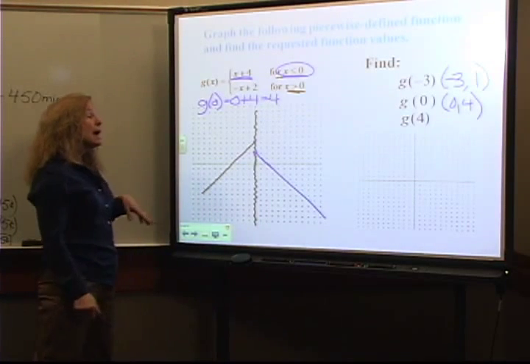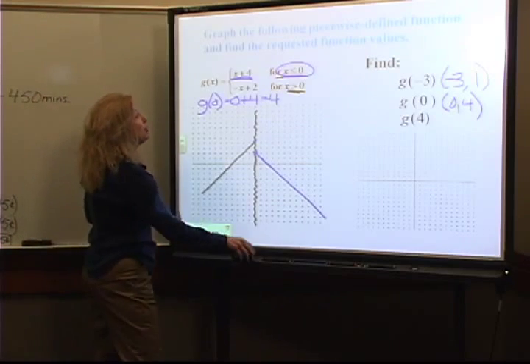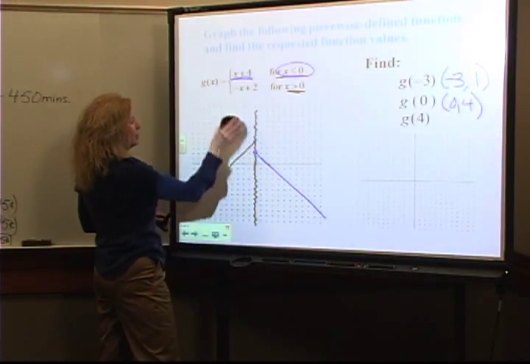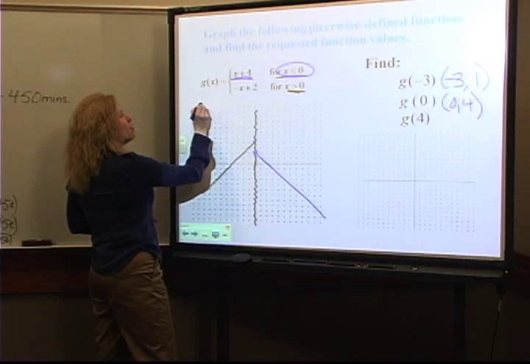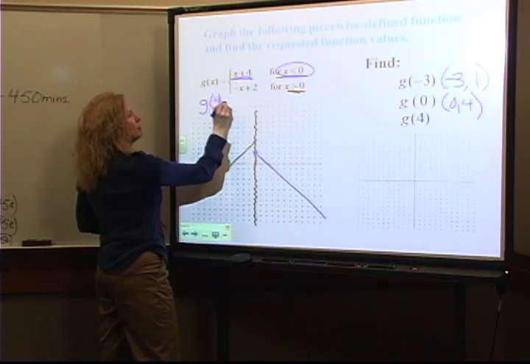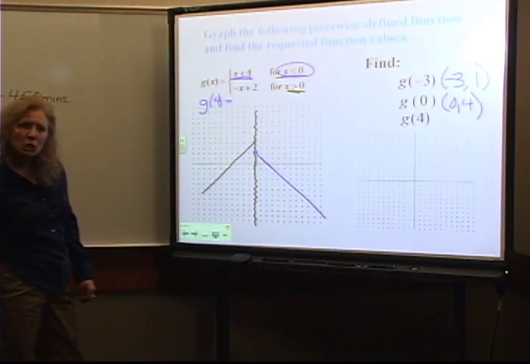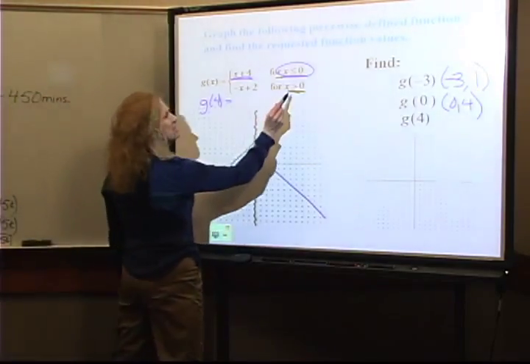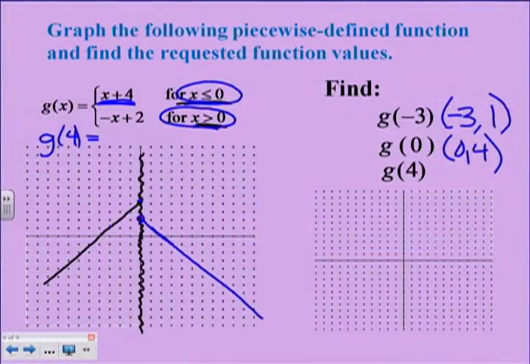Okay? And lastly, g of 4. For g of 4, which piece am I going to use? Well, obviously, 4 is greater than 0, so I must use this bottom piece. I'd have negative 4 plus 2. I would have negative 2.